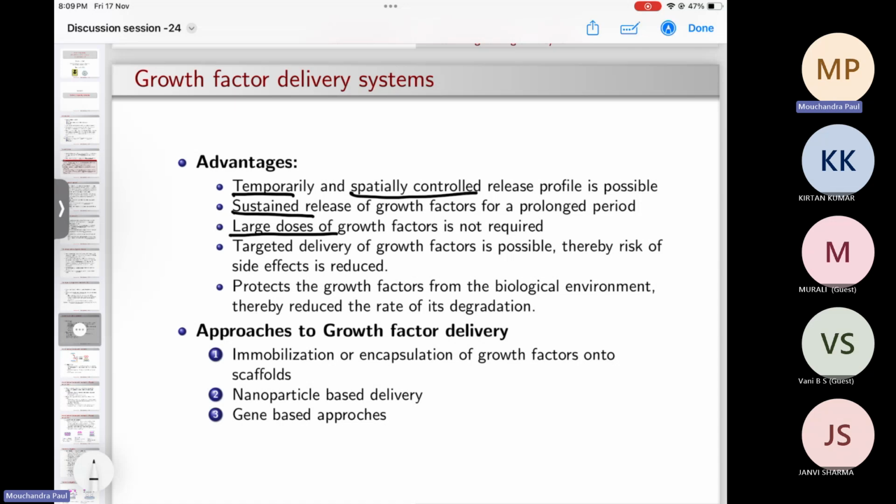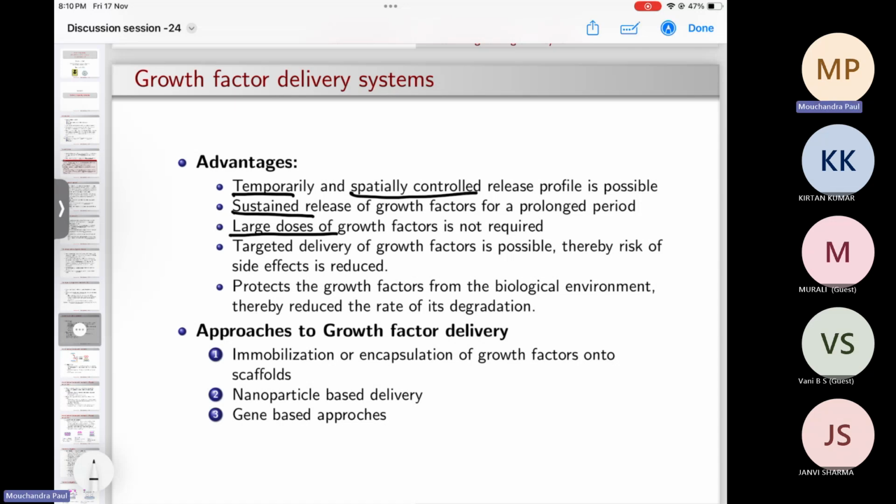Then targeted delivery is possible. As I mentioned previously, we can functionalize the delivery system to release the payload, that is the growth factor, at the target site, and thereby the side effects which can happen due to delivery at the wrong organ or tissue site can be circumvented.